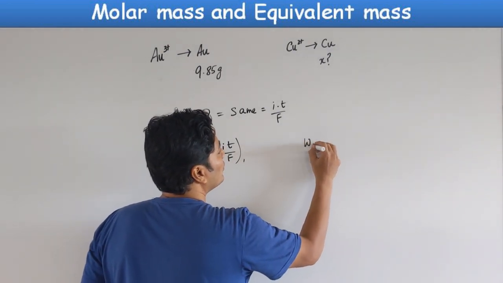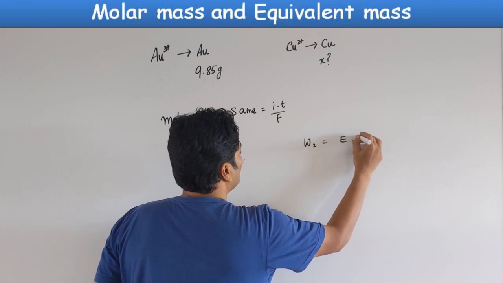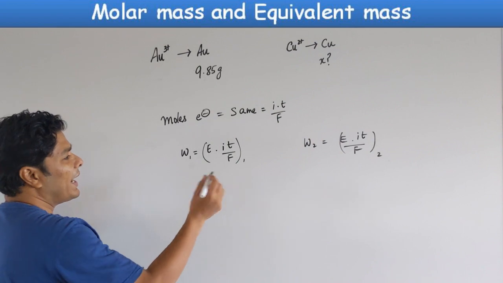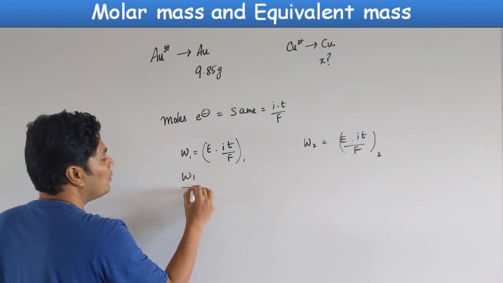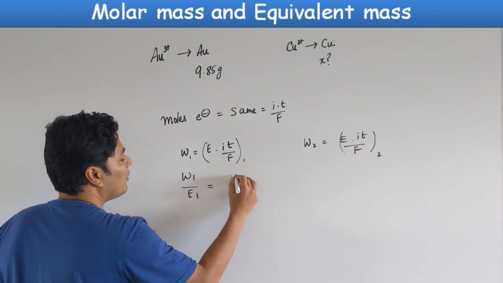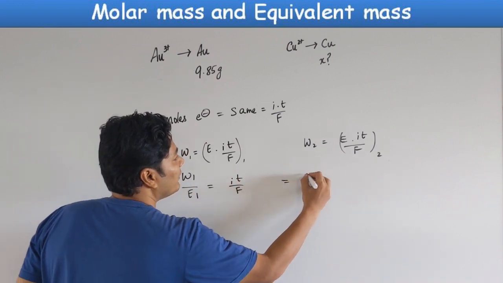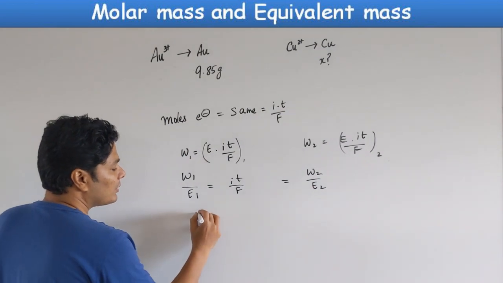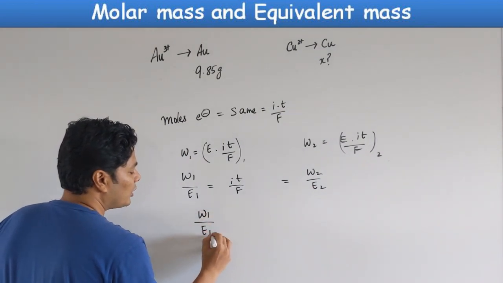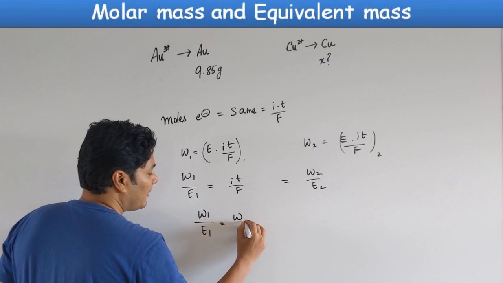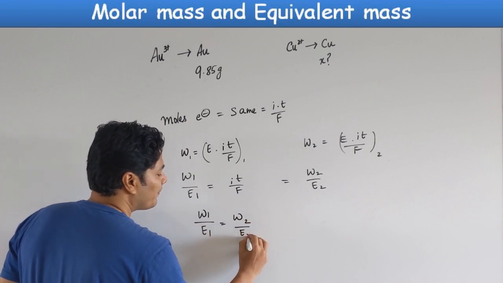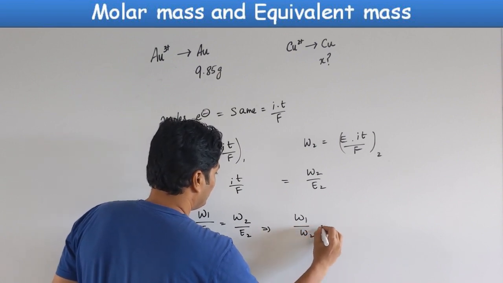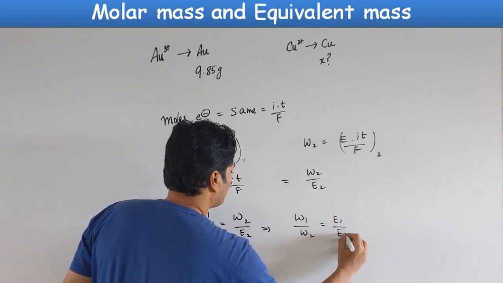Now weight deposited in 2 equals E IT over F in 2. Now what we know is IT over F is same. So W1 by E1 equals IT over F, which is W2 by E2. So this condenses down to the formula that you want to remember. W1 by E1 equals W2 by E2, or we can also write W1 by W2 equals E1 by E2.